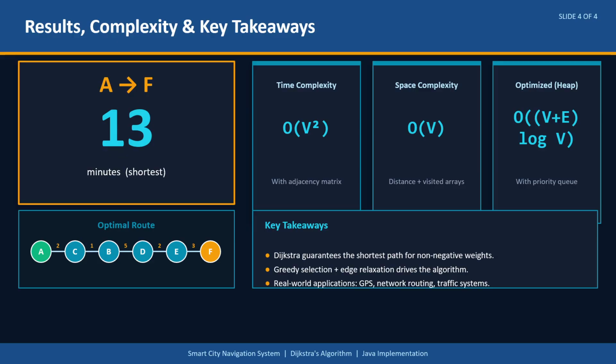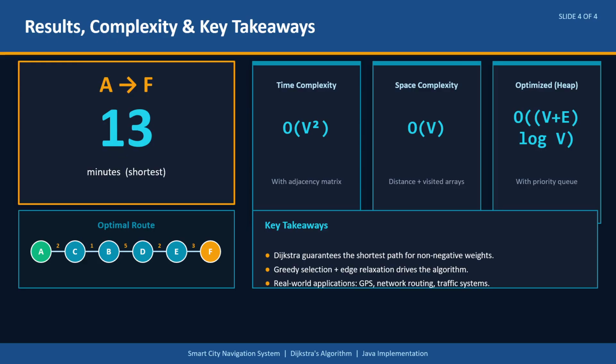Space complexity is order of V. That's not a problem at all, for the distance and visited arrays. If you need to scale this to a much larger graph, you can swap the inner loop with a priority queue, which brings the time complexity down to order of V plus E. That's the heap optimized version.